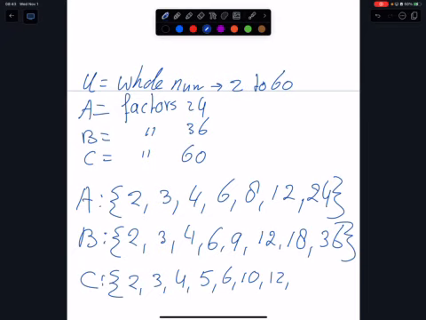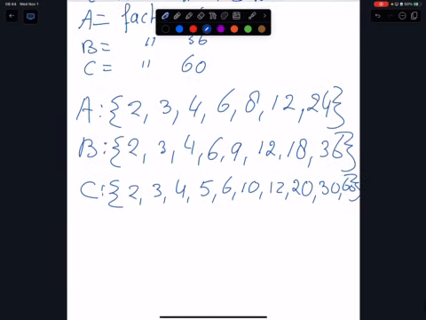It's 5 times 70, no. 20. Nothing else? Yeah, and 60. That's all the numbers that belong to the set of C.